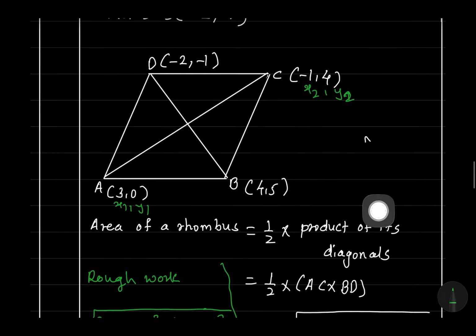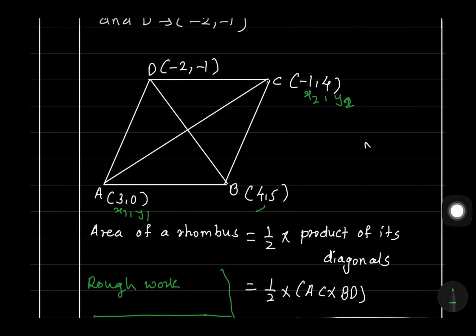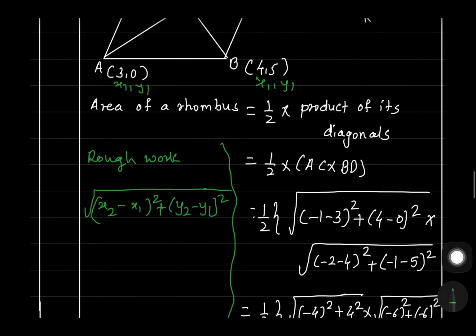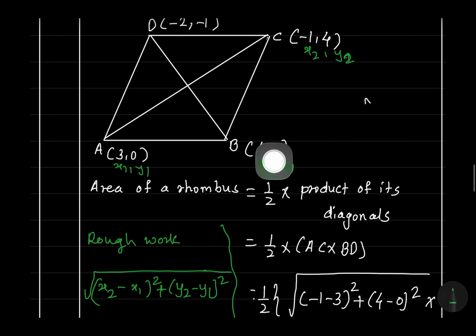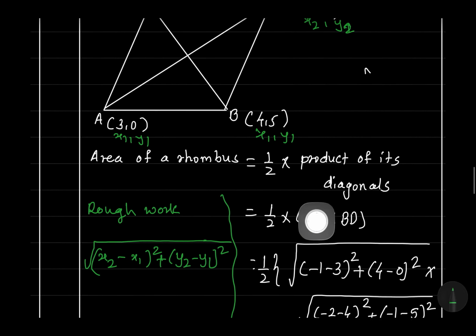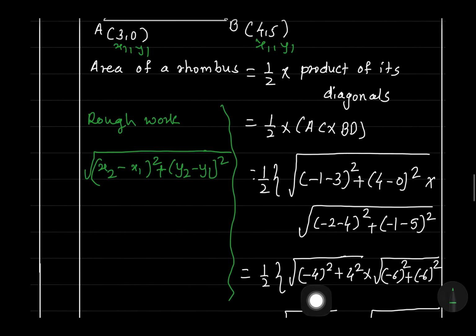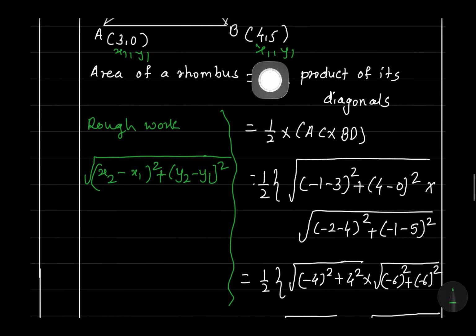Into, for BD. So for BD also we take x1 and y1, and this is the x2 and y2. Then x2 minus x1. Here x2 is minus 2 and x1 is minus 4, so minus 2 minus 4 for BD.